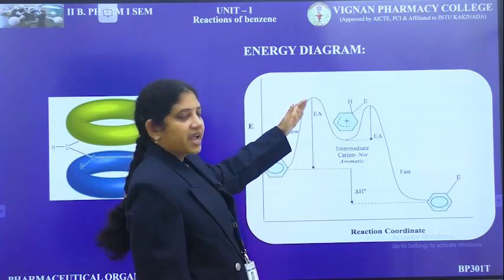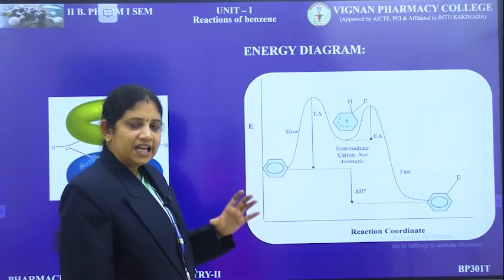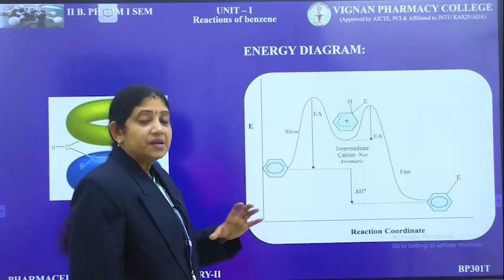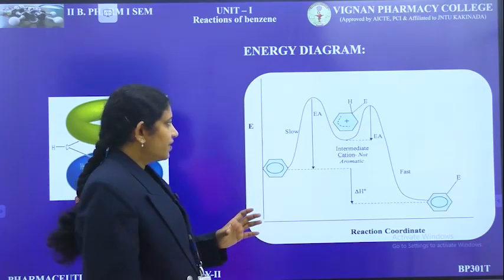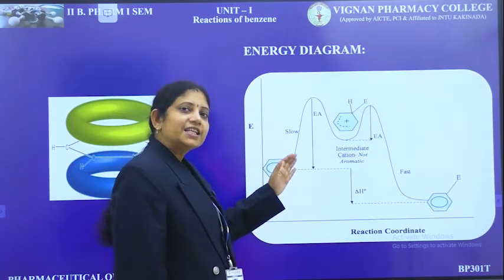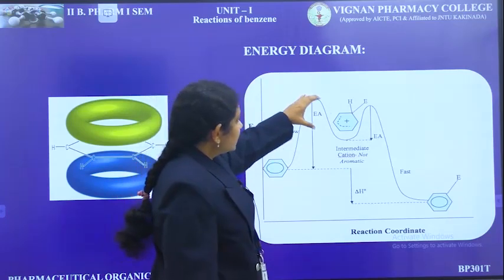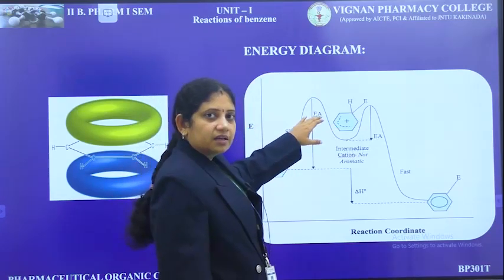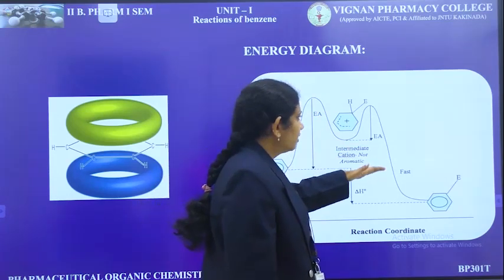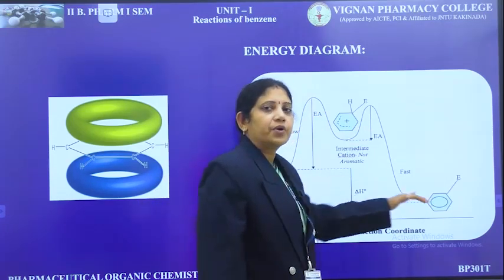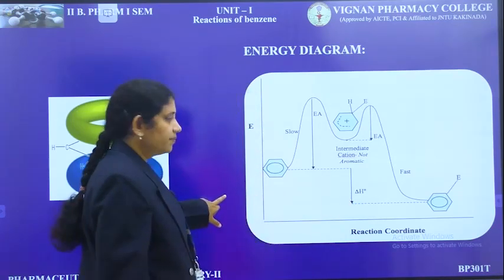It forms an arenium ion. The formation of the arenium ion is the slow, typical reaction. That's why it is called the rate determining step. Once it forms the intermediate, it will readily and quickly form the product, so that it can be represented with this energy diagram.